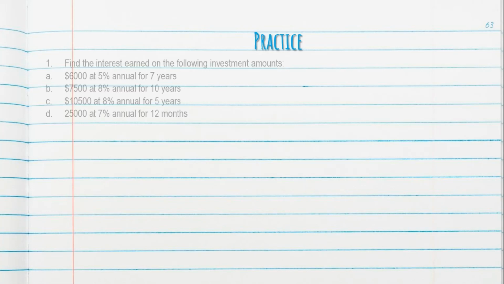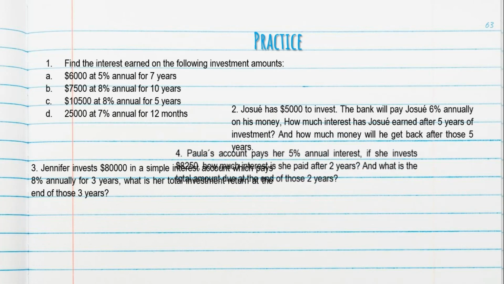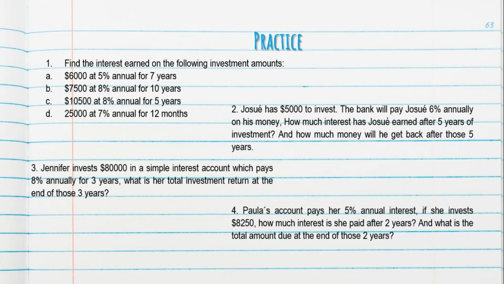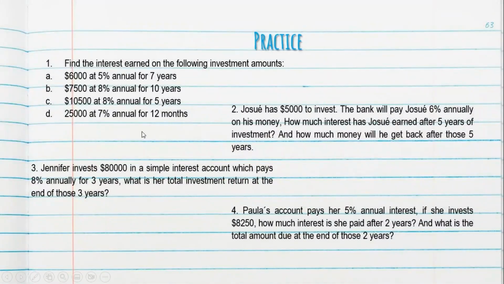Okay. So now we're going to do a small practice. And by small, I mean a very easy and simple practice, okay? Let's understand it all before we move on. It says, find the interest.